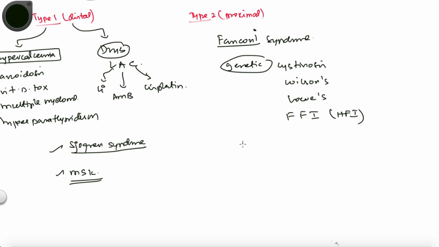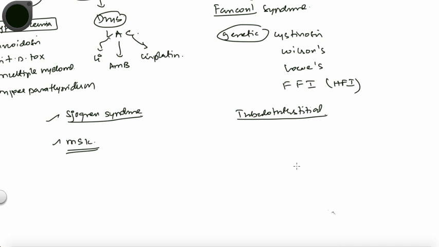A lot of tubulointerstitial diseases can also cause Fanconi syndrome. For example, immune rejections, and medullary cystic disease, or MCD, can destroy the tubules, especially the proximal tubules, and sometimes even multiple myeloma can cause Fanconi's.